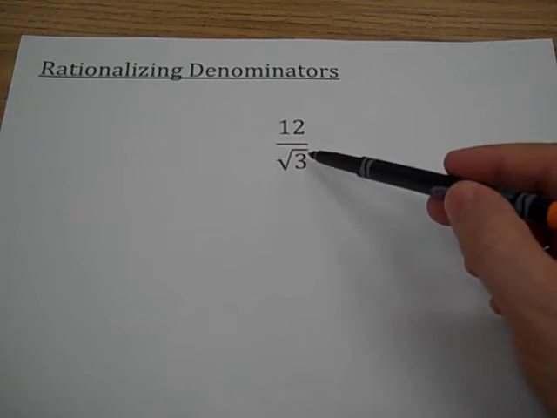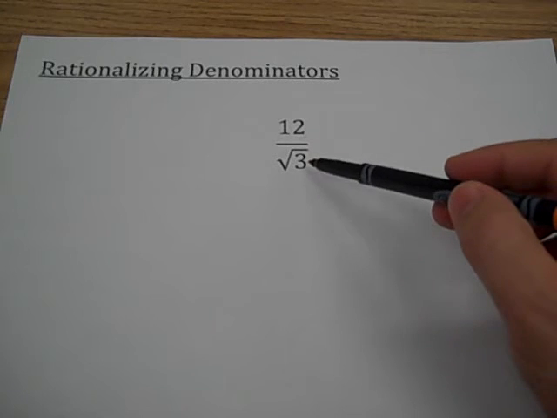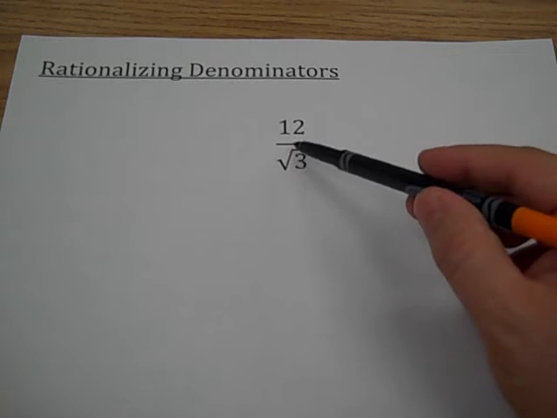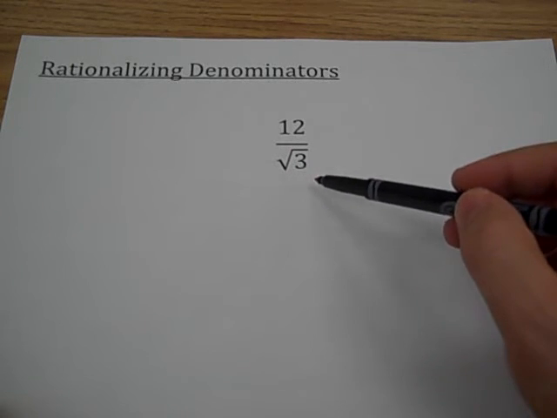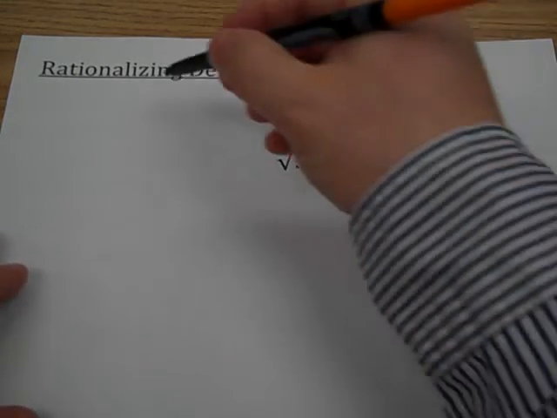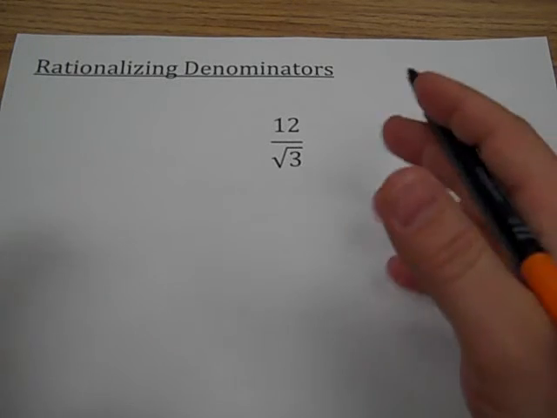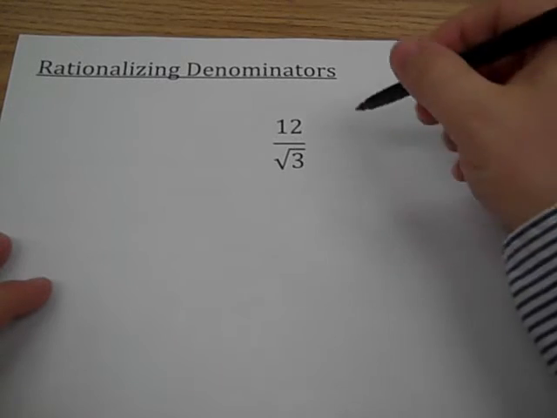I can't divide 12 by square root of 3 because one's not underneath the square root symbol and one of them is. So I need to have a way to get rid of the square root of 3 and get it out of the denominator, and then we will be happy with how it looks. And that's called rationalizing. Square roots are not rational numbers, so we want to have rational numbers in the denominator.